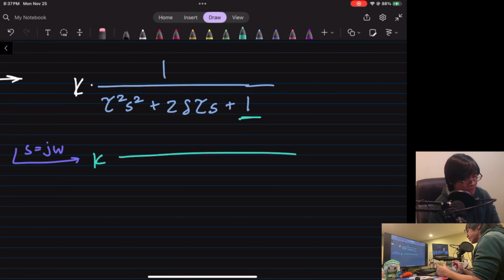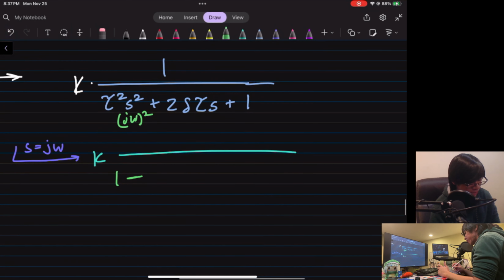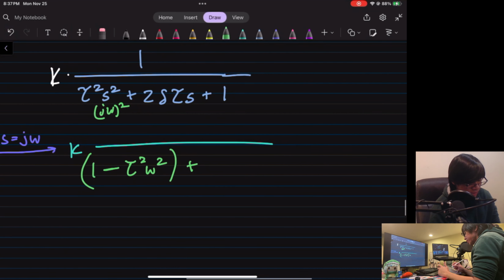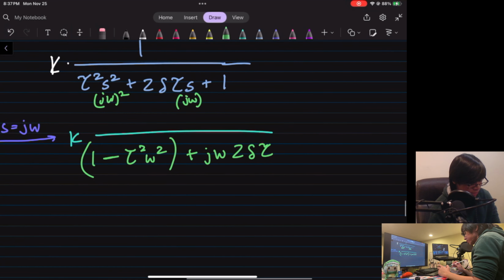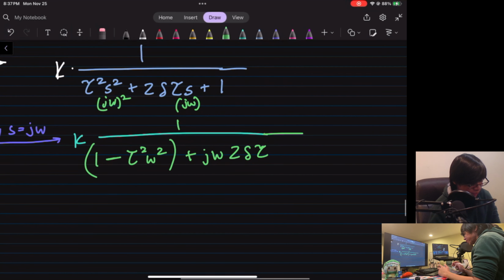So we have 1 minus, and then it was j omega squared, so j squared went away since this negative sign here, and now we have tau squared omega squared. And then plus, this will be our imaginary portion, j omega 2 zeta tau. And then 1, of course, at the top.